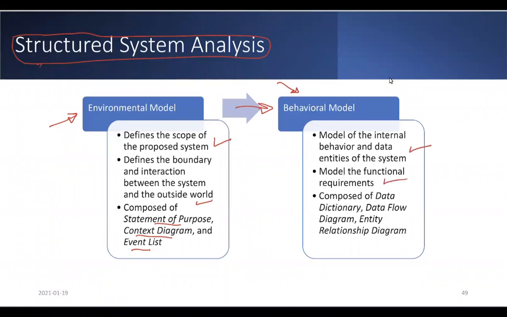Examples of behavior models in structured system analysis modeling include the data dictionary, data flow diagrams, and entity relationship diagrams. So in this course, we will talk about context diagrams. We will talk a lot about data flow diagrams and entity relationship diagrams, just to cover structured system analysis.